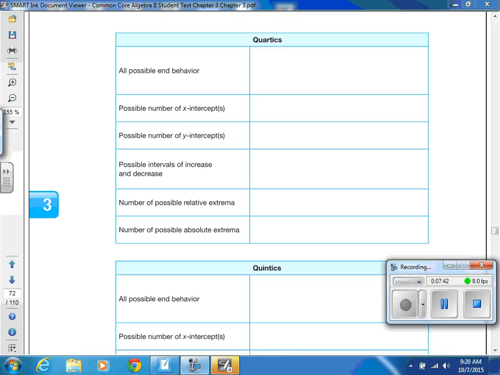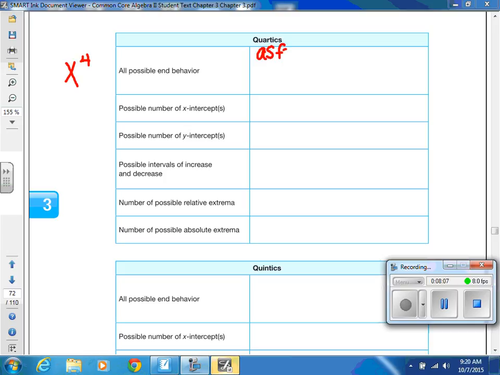It's x to the 4th. It's a 4th degree polynomial. Remember, on an even numbered or even degree function, the end behavior is going to match. They're both going to go up to positive infinity, or they're both going to go down to negative infinity.